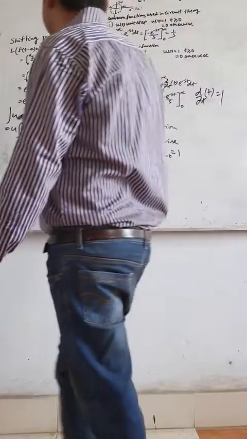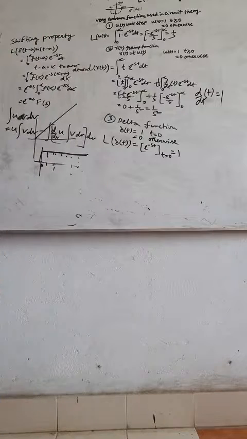Now, shifting property. Let us know a very important property that will be used in circuit theory, that is the shifting property. Laplace transformation of f of t minus a into u of t minus a is the integral from 0 to infinity of f of t minus a into e to the power minus st dt. Let us take t minus a as k.